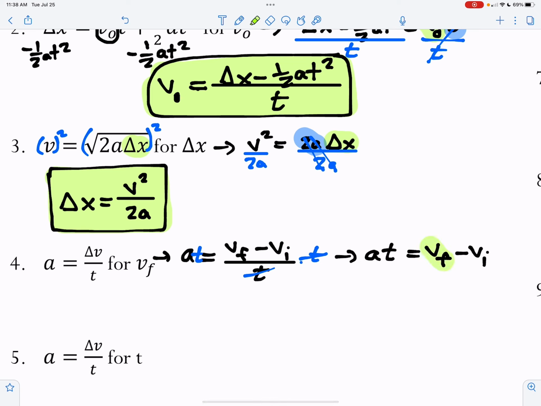Well, I have to get v final by itself. So the way I do that is to get rid of the minus v initial. The opposite of subtracting v initial would be to add v initial to both sides. I'm going to do that, and we're done. V final equals v initial plus a times t.